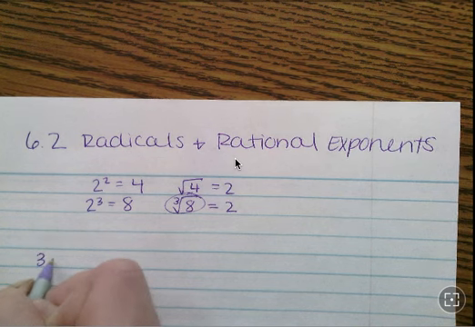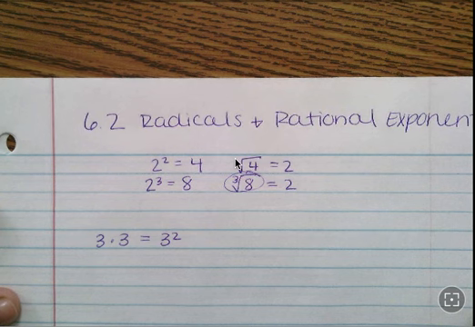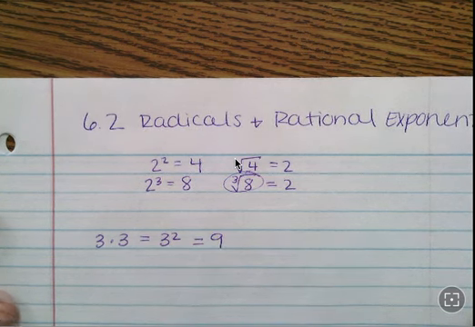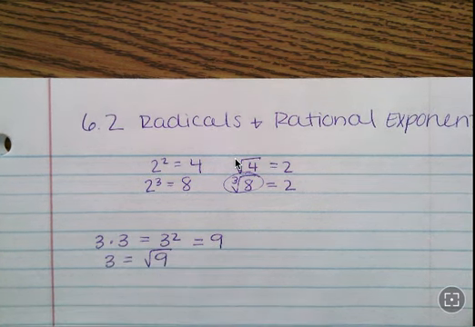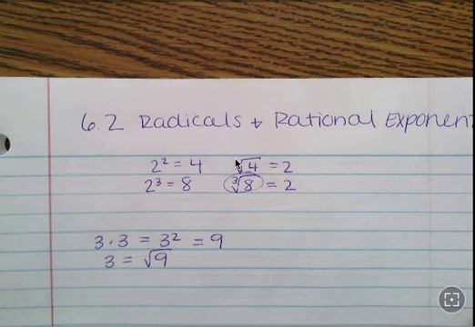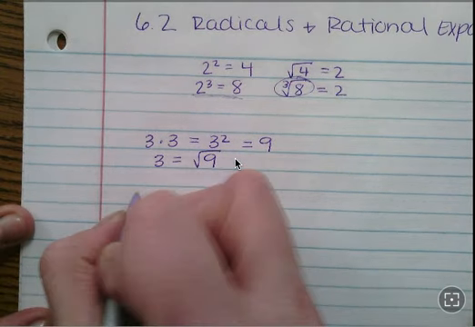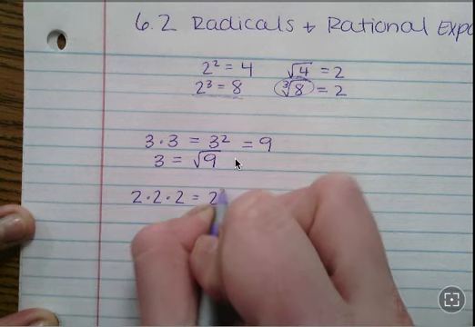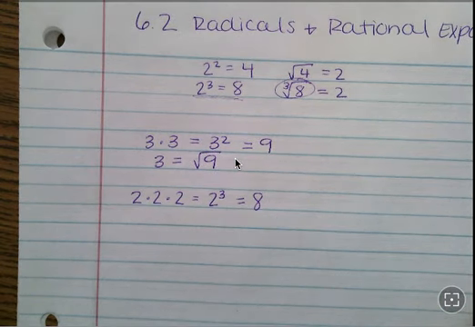If I say that 3 times 3, we can write that as 3 squared, right? And we know that 3 squared is equal to 9. So then we say that 3 is equal to the square root of 9. Okay, that's just kind of working backwards. Or if you have 2 times 2 times 2, that's equal to 2 cubed, which we know, if you use a calculator, is equal to 8.